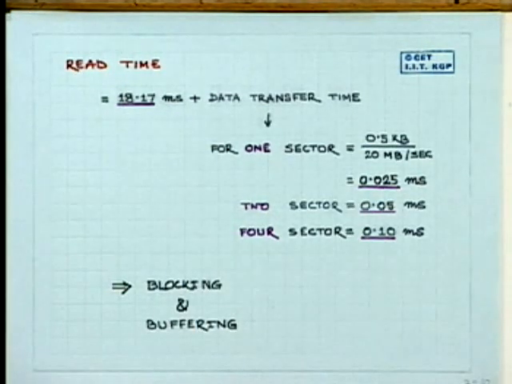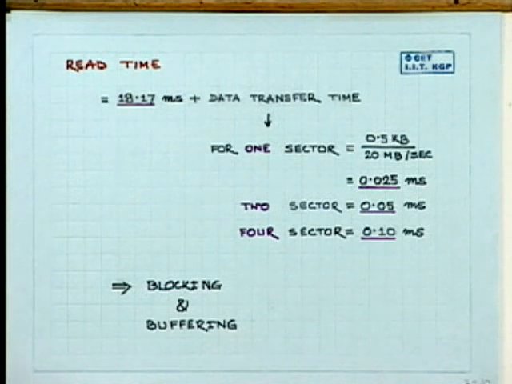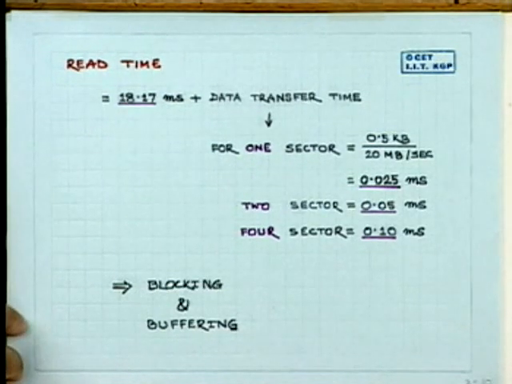That is why, whenever a disk read is taken, instead of transferring simply one sector, several sectors are blocked together and that entire block is transferred. Say two sectors or four sectors are transferred together, because that does not take much time once the head is positioned.